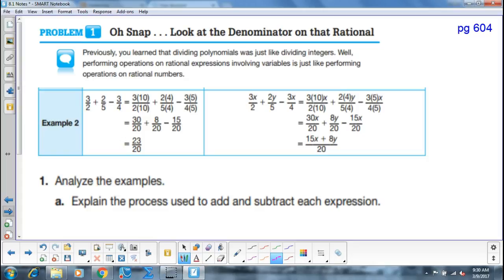Example number 2 here in problem number 1 shows you how to do it if you were dealing with numbers, which is what we just did. We just did adding and subtracting of fractions with numbers. With me? You guys nailed it, knocked it out of the park.